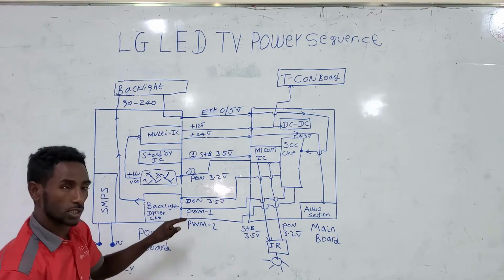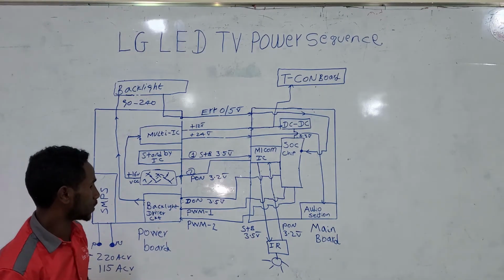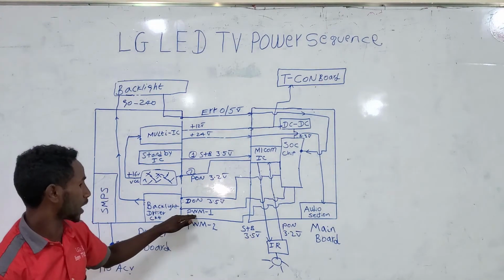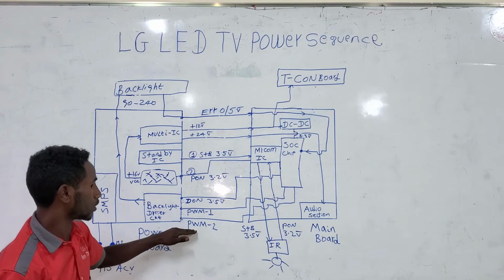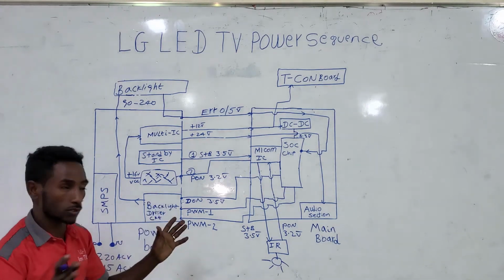These two signals control the brightness of the television. One controls the brightness of the television, and the other is controlled by the environment, right?